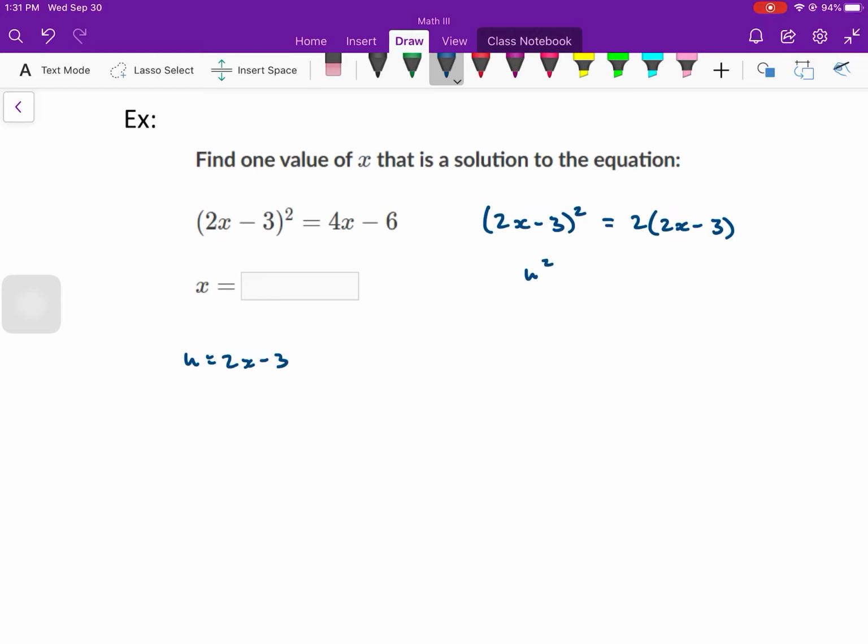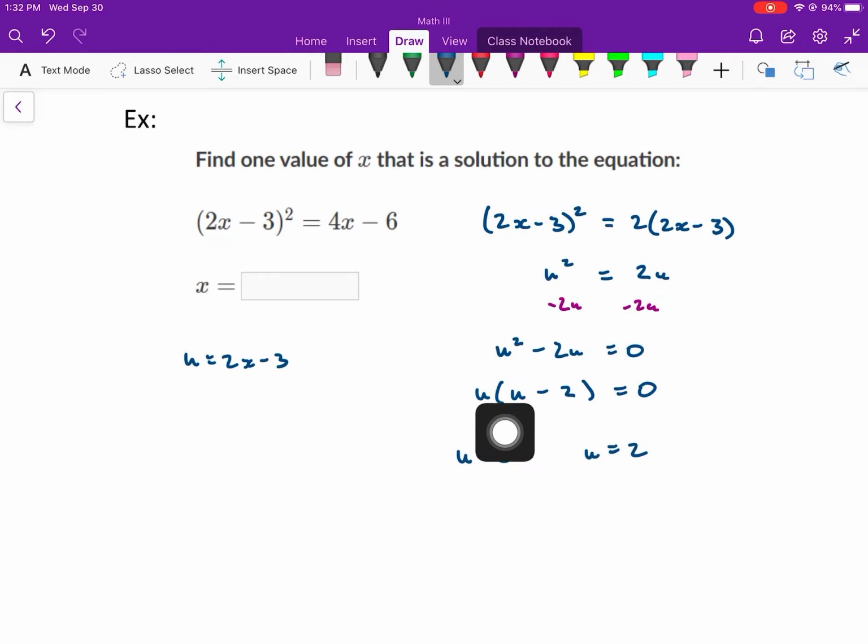So now it becomes u squared equals 2u. Let me line up the equal sign. And then we need it to equal 0 in order to use that zero product property. So we'll move that 2u over here to the left side. u squared minus 2u equals 0. Factor out a u, because they both have a u in common. You get u times u minus 2 equals 0. So u equals 0 and u equals 2.